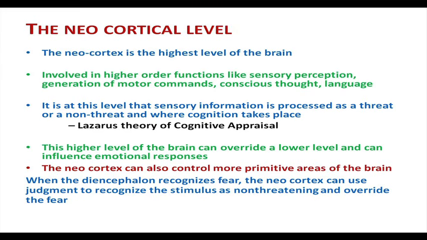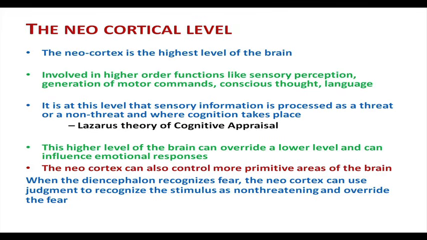In fact, what response will it be? Whether it will be a fight response, a flight response, or many times a freeze response, as in pretending to be dead, which is done by several animals, and even by a rape victim during the traumatic event. This selection of the response is done at the neocortical level.